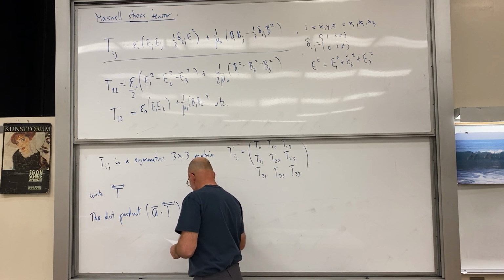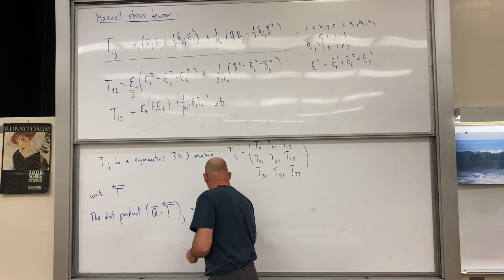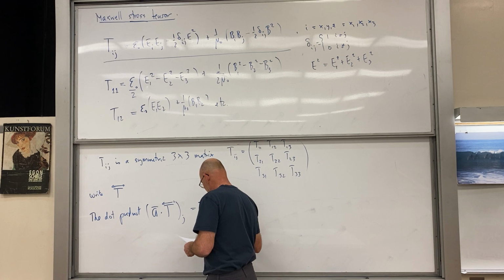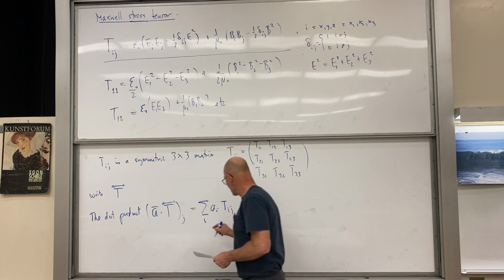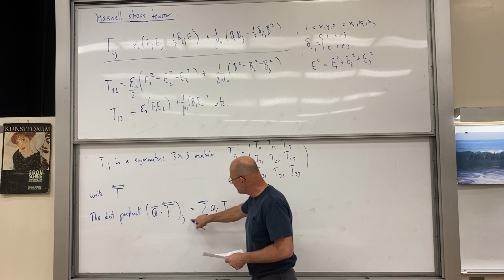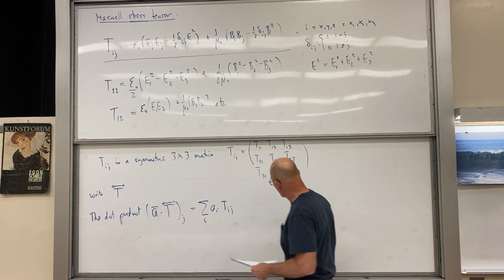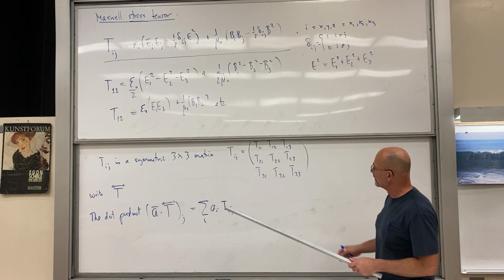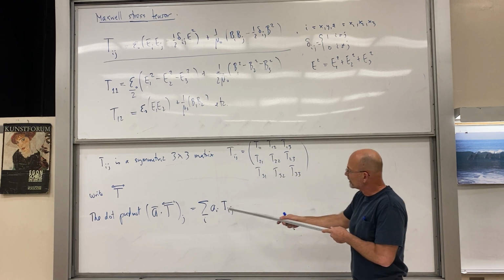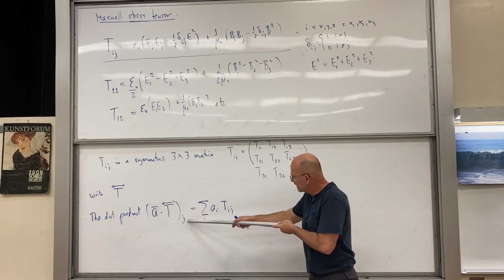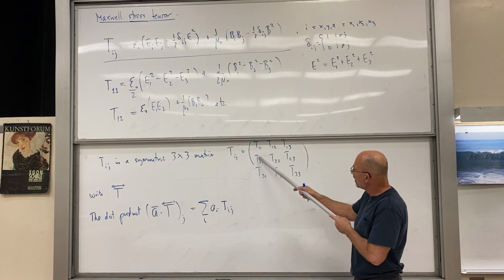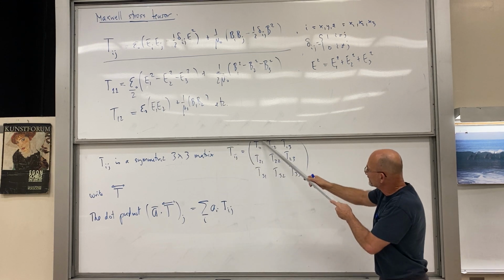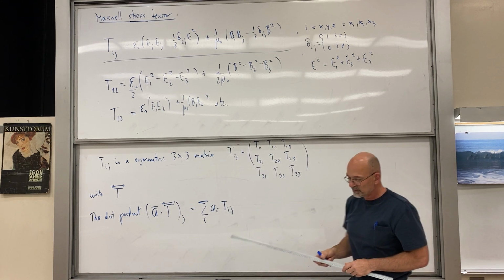If I write it out as a sum, we've got A sub i, T sub ij, summing over i. So this thing is labeled by j. That's row times column. If I were doing A dot T1, then it would be the first column. So a row from the left, column there. Row times column.